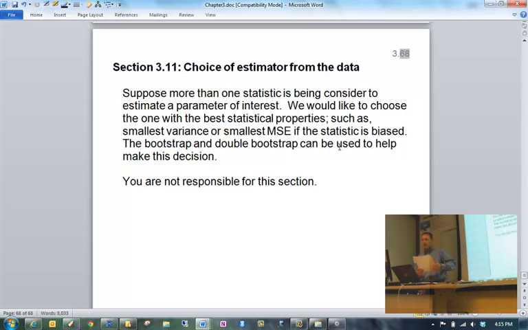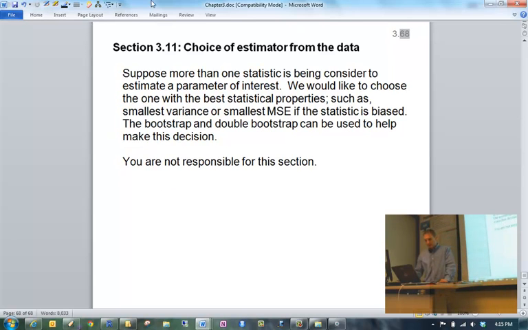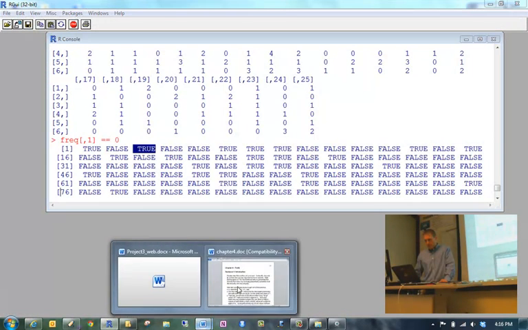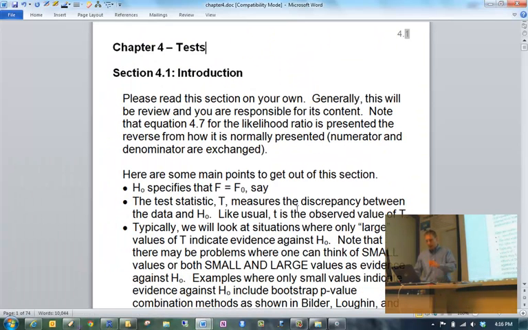Okay, that concludes chapter 3 then. Okay, so chapter 4, hypothesis tests with Bootstrap.